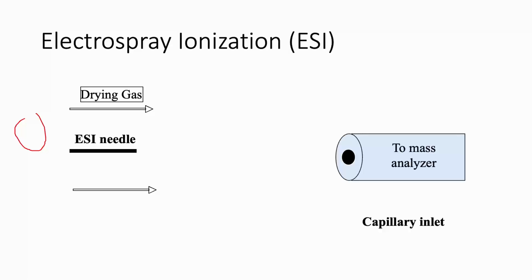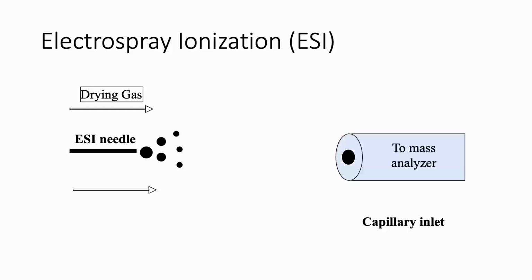And so as you start spraying, you get these little teeny droplets of liquid that contains the compounds of interest that you're interested in. And you have this drying gas that's flowing in the same direction towards the mass analyzer.